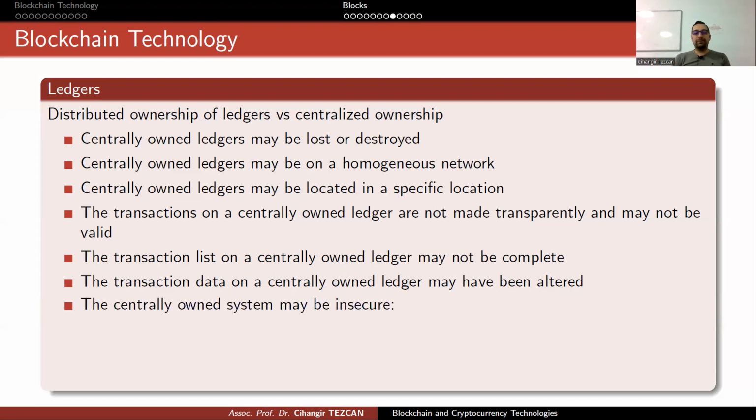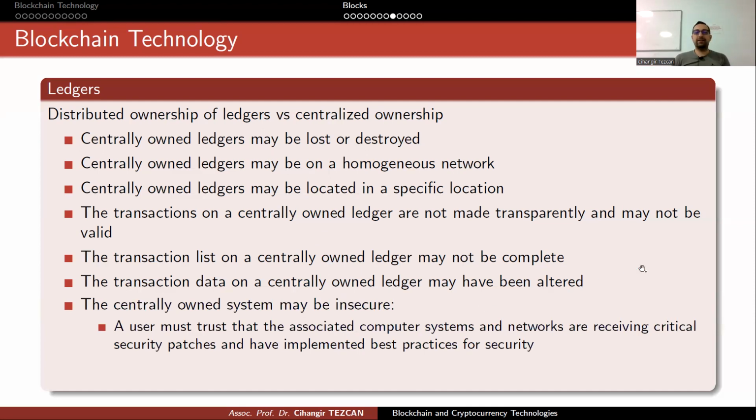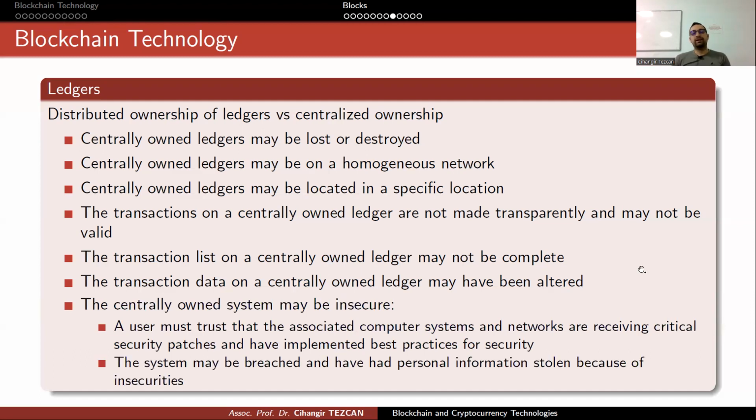The standalone system may be insecure. A user must trust that the associated computer systems and networks are receiving critical security patches and have implemented best practices for security. The system may be breached and have had personal information stolen because of insecurities. So there are many examples for that.